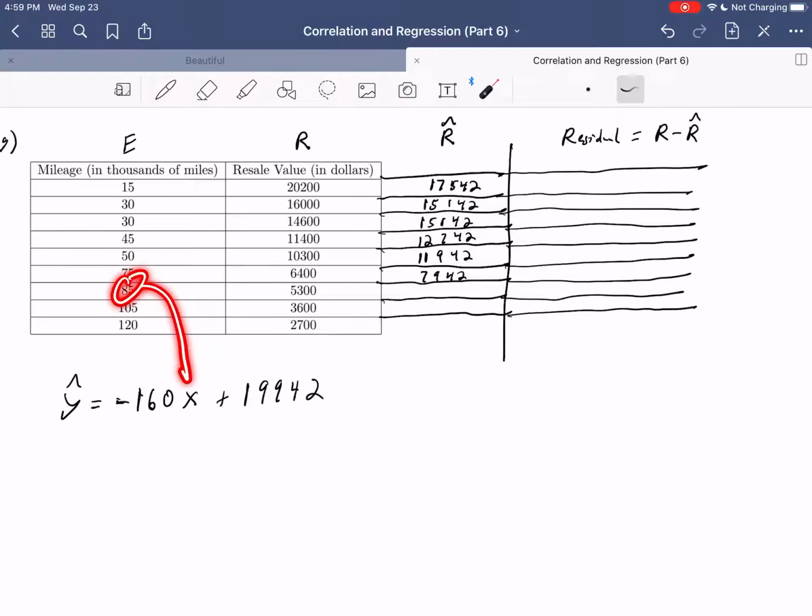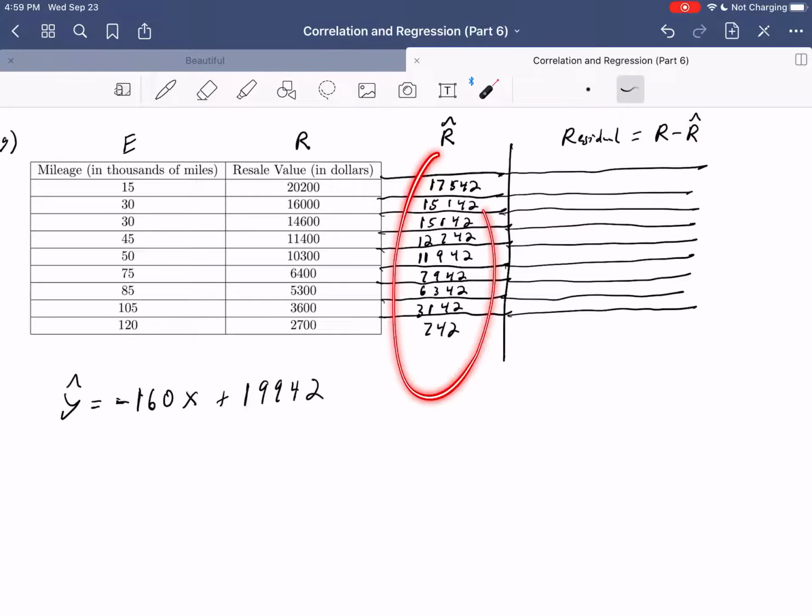Then we have 85, so negative 160 times 85 plus 19942, and we should get 6,342. Then we've got 105, which gives 3,142. And then we've got 120. Negative 160 times 120 plus 19942, and we should get 742.